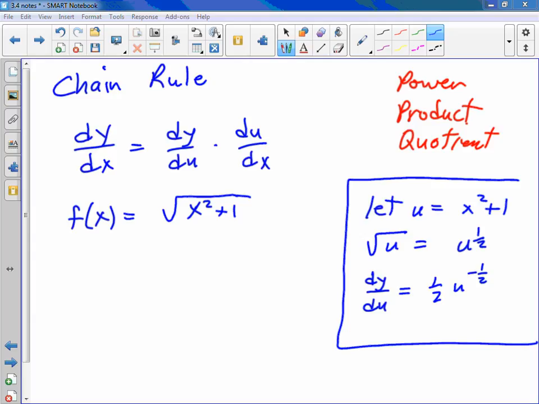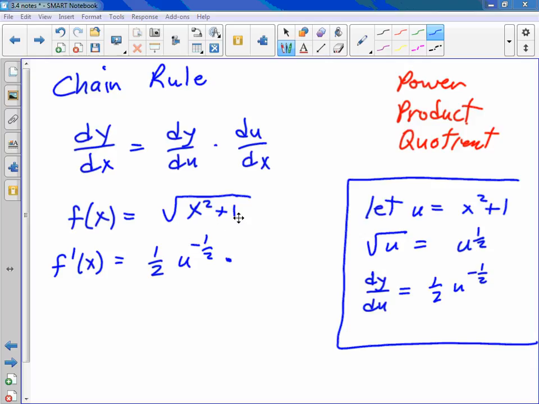So we can say f prime of x equals 1/2 u to the negative 1/2, then times the du dx part, which is going to be the derivative of just the inside, of this part.